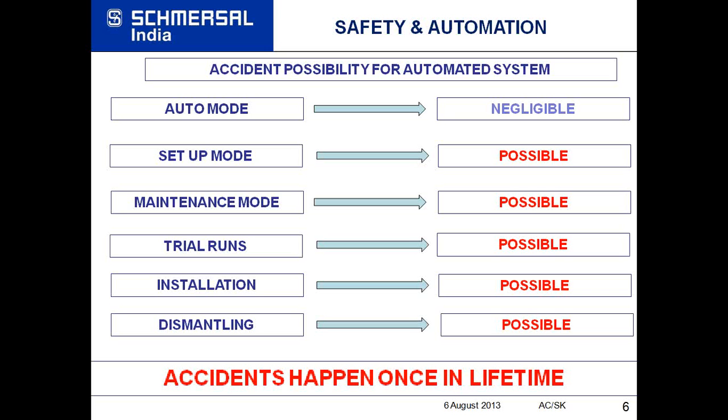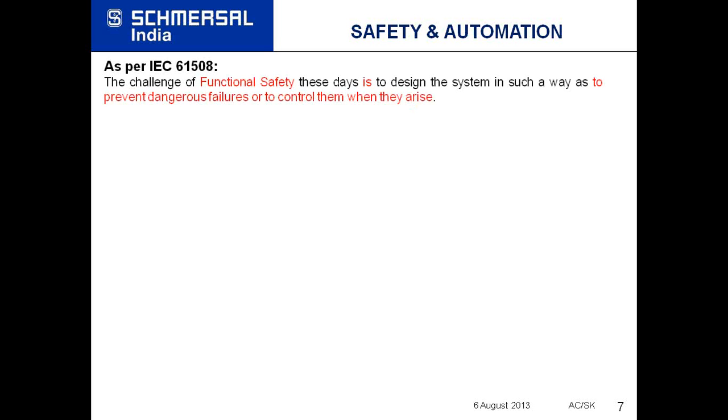So we have to avoid the possibility of accidents during all the modes of operation of the system, not only during automation mode or auto mode of the system. So there is a very good standard on functional safety.